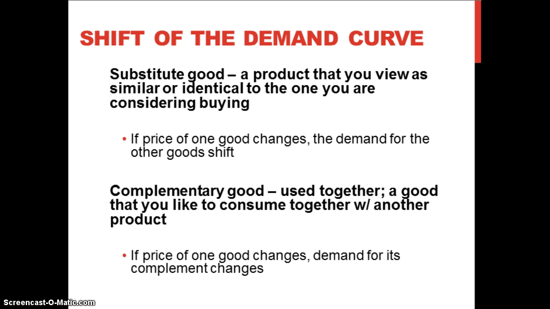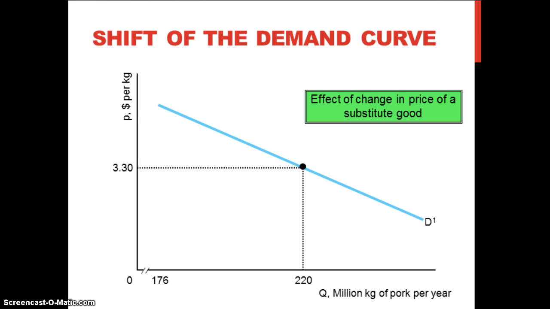So you may see the relationship between good A and substitute good as rivals. On the other hand, you may see the relationship between good A and complementary good as friends, because friends share destiny together, and rivals compete with each other. So we first see the shift of the demand curve in the case of substitute good.